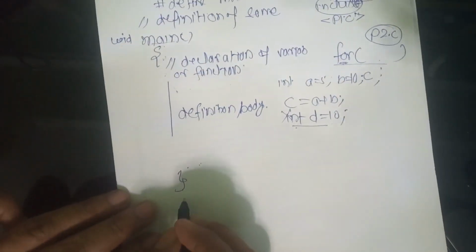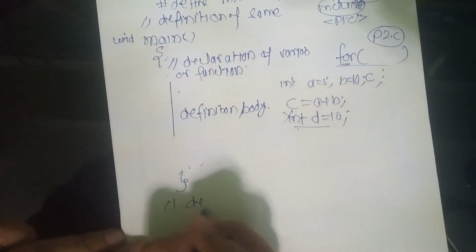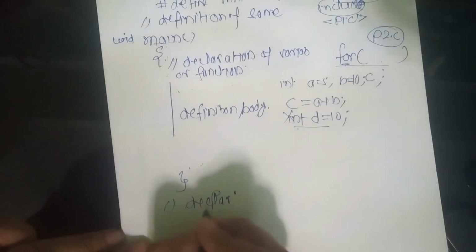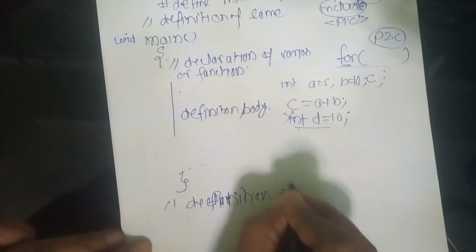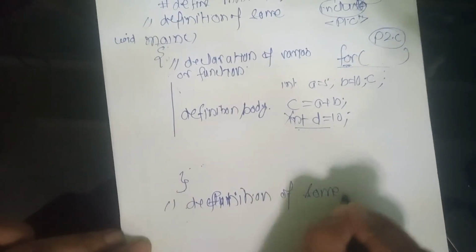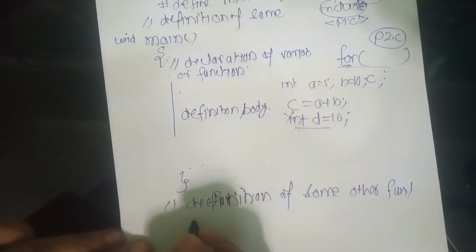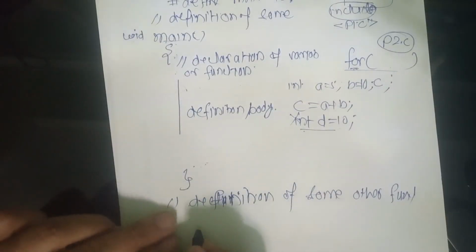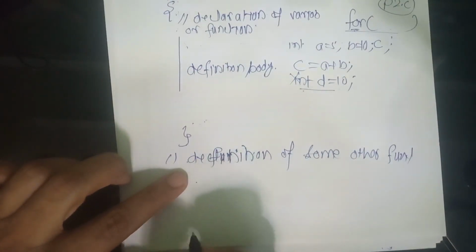After ending the main function, you can also declare some other function, like the definition of some other functions. Although you could declare here also, if you are declaring any function, then that declaration will be applicable to the functions which are defined below it.